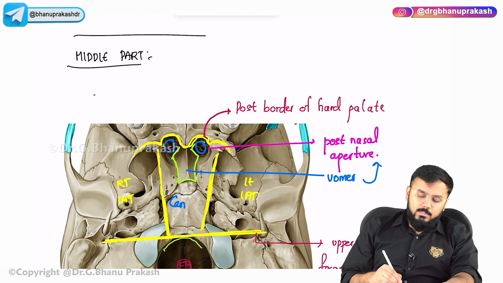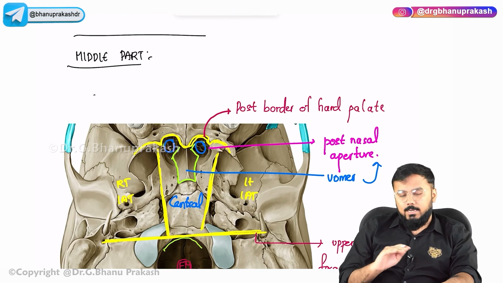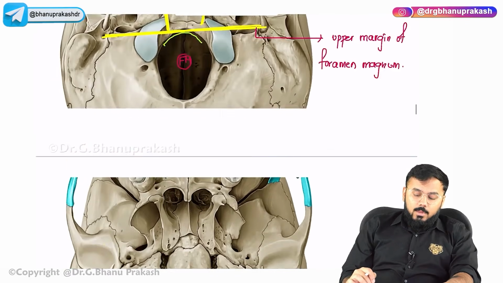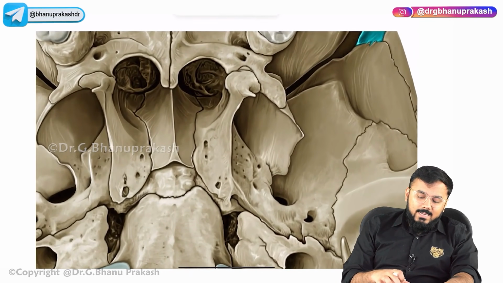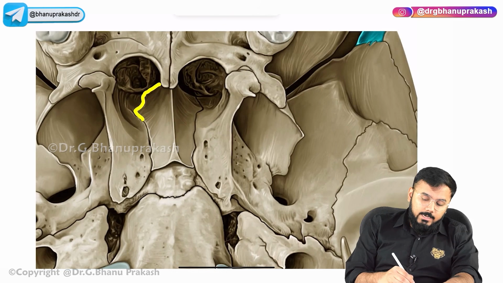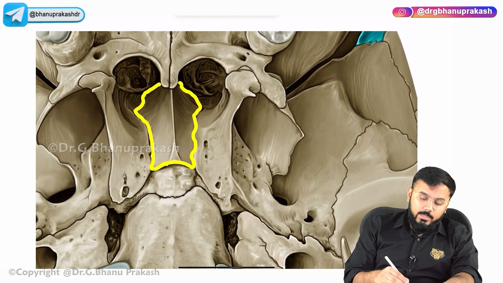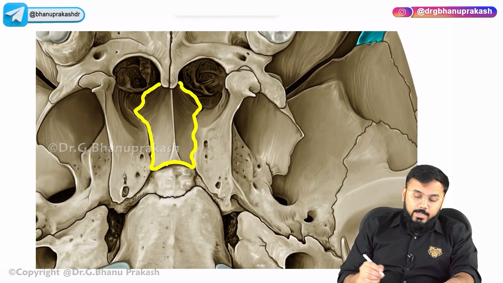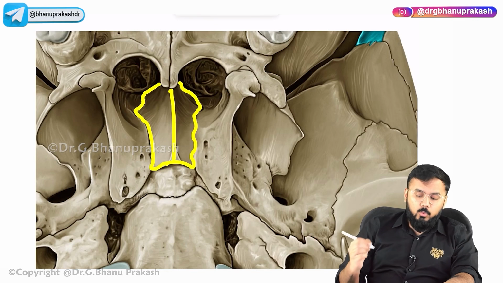And by the way, this is your central part. Central, right and left lateral part. Now if you look in a little more detail at this bone, this entire bone over here is called your vomer. Now can I tell that the vomer is divided into two parts?